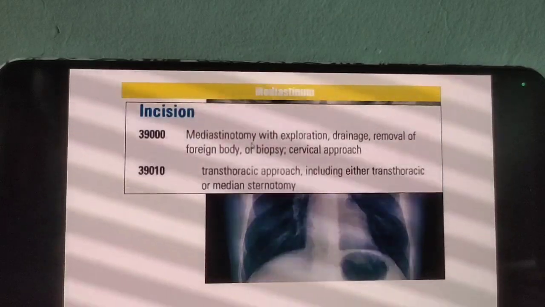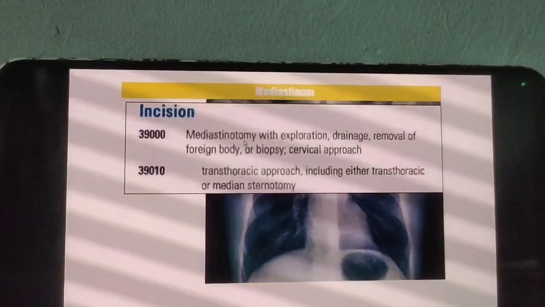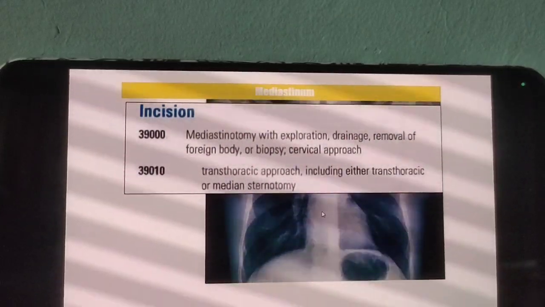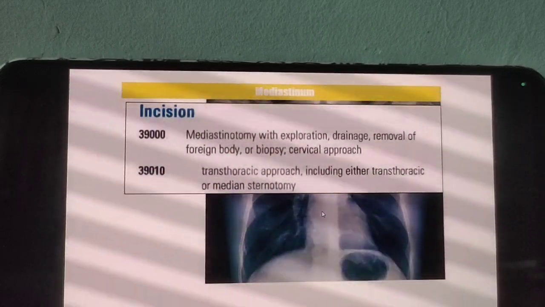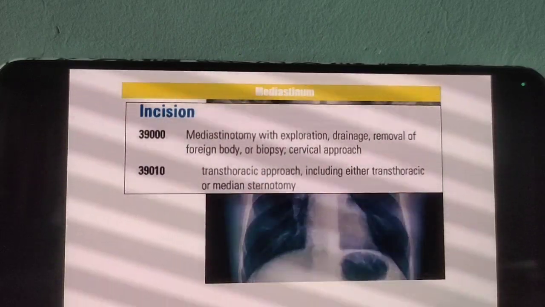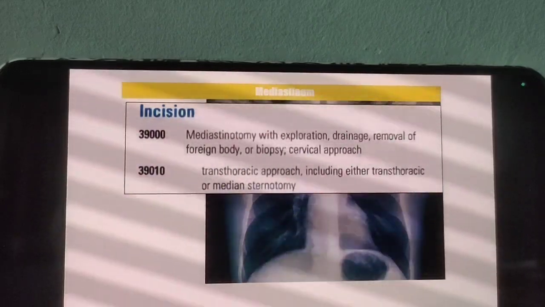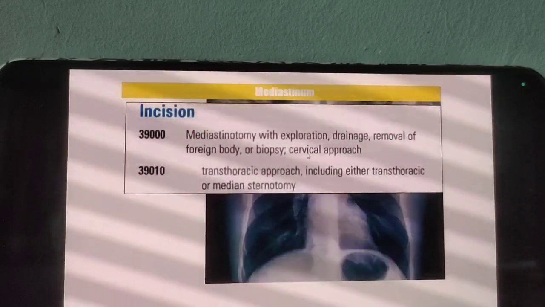Then mediastinotomy. Tomy means cut. Surgeon makes a cut on the mediastinum. Mediastinum is the space between the two lungs. With exploration, what is the meaning of exploration? Examination. Exactly.